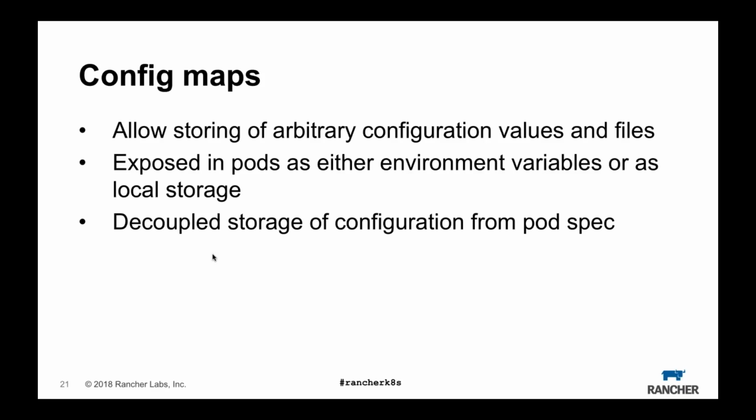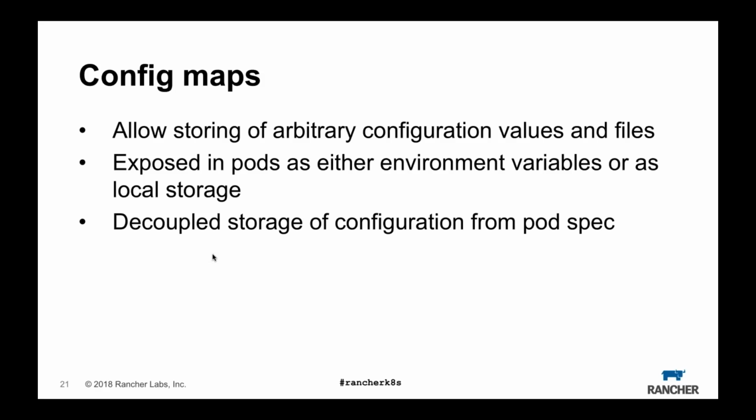So a config map is just a way to decouple your application's configuration from your deployment. If I have a different config map that I need in staging than production, I can deploy that config map, modify it in both, and decouple that from my application logic, and then just tell my deployment, in my deployment YAML file or for my pod, to use the configuration in this config map.